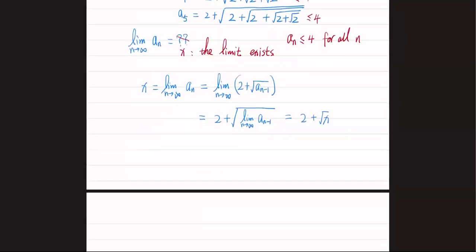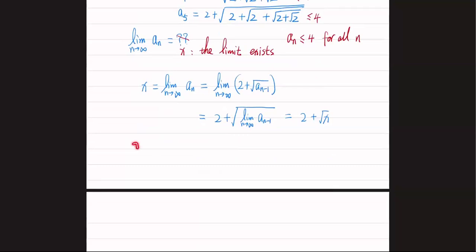Now we have this equation, how to find x? Just think.